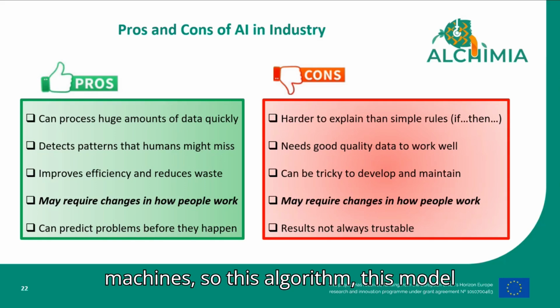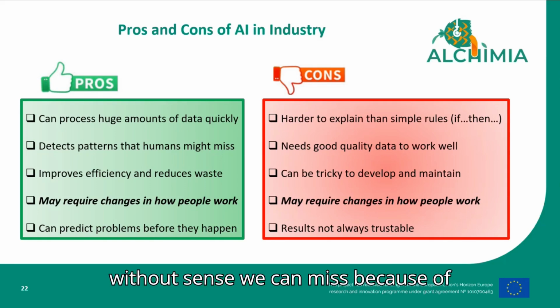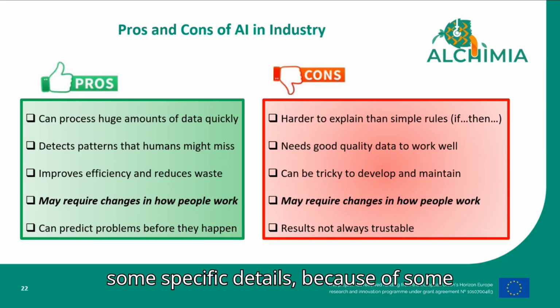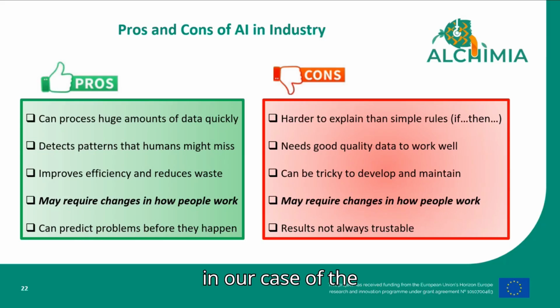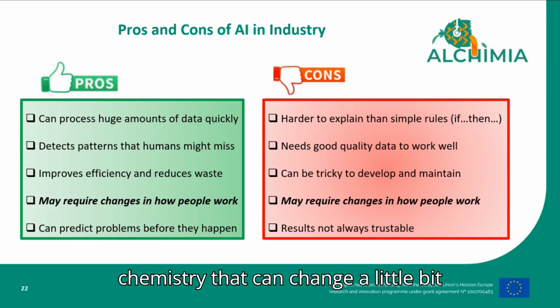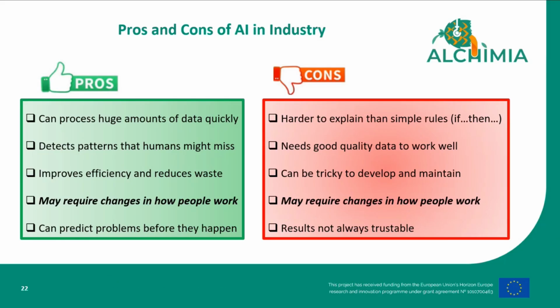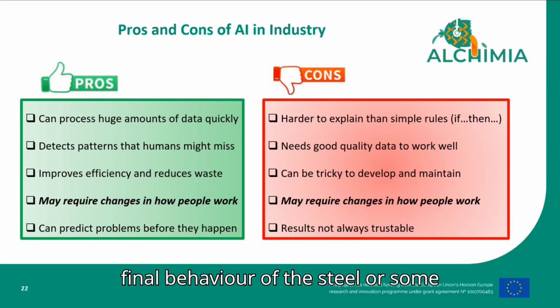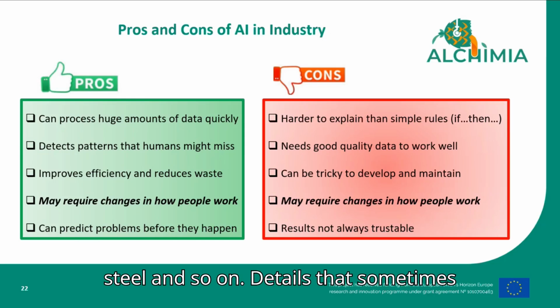Well, this algorithm, this model, can detect patterns that we can miss because of some specific details, because of some particular combination of, for example in our case, the chemistry, that can change a little bit, and there are some effects in terms of final behavior of the steel or some specific mechanical characteristic of the steel and so on.